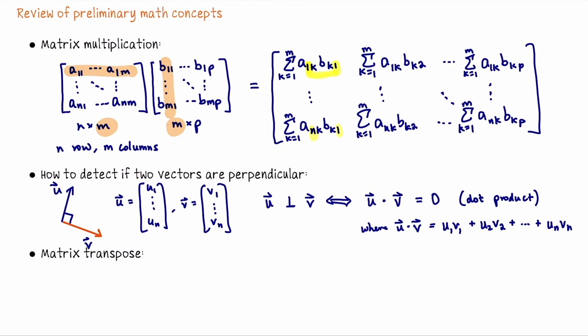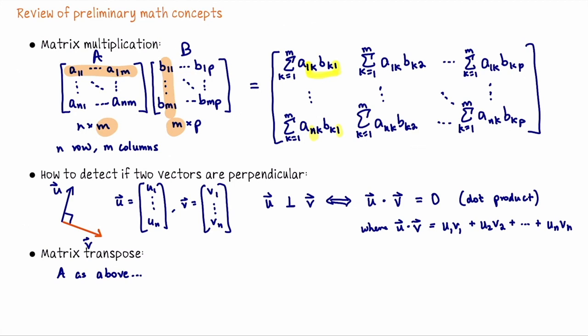Okay, the last thing I want to mention is what a matrix transpose is, and I'm going to also tie this into another way of writing the dot product so that actually we have kind of an algebraic maneuver between the two concepts. Okay, so if A is up here at the top the way I've defined it, the transpose of A is just going to be the flip of A. So what were rows become columns, and what were columns become rows.